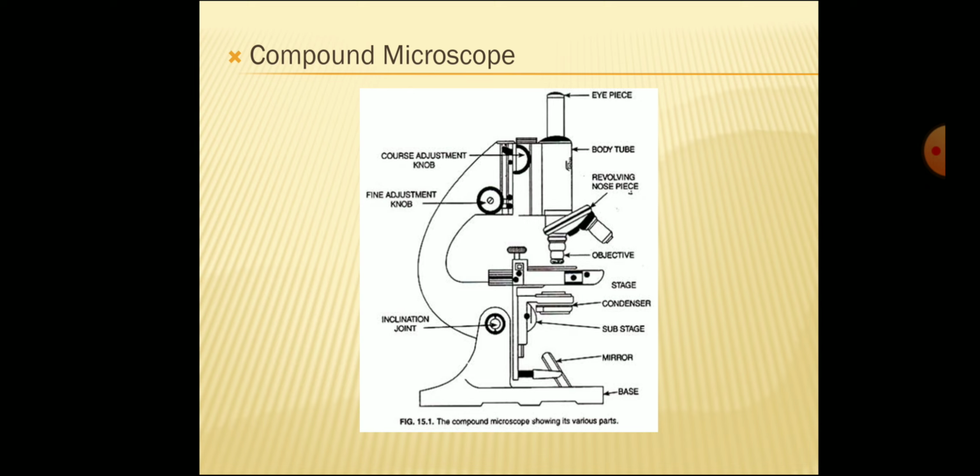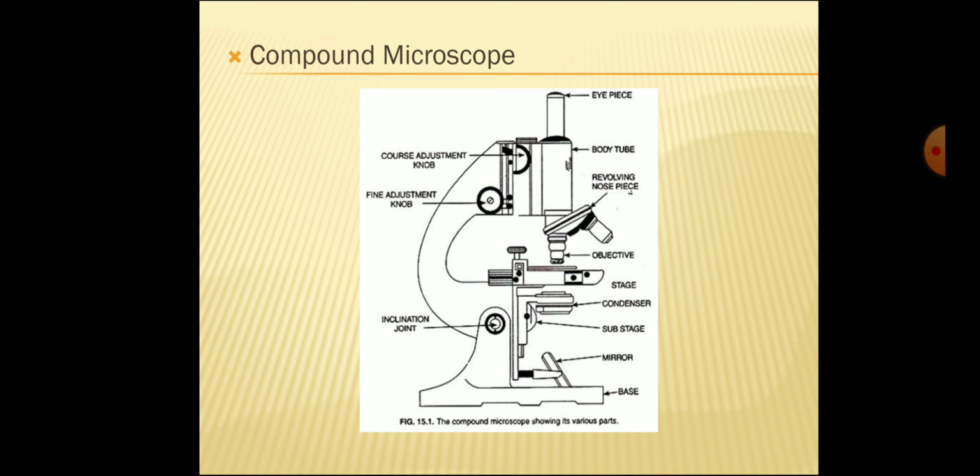Light from a light source, that means mirror or electric lamp, passes through a thin transparent object. The objective lens produces a magnified real image of the object. This image is again magnified by the ocular lens or eyepiece to obtain a magnified virtual image, that means the final image, which can be seen by the eye through the eyepiece.